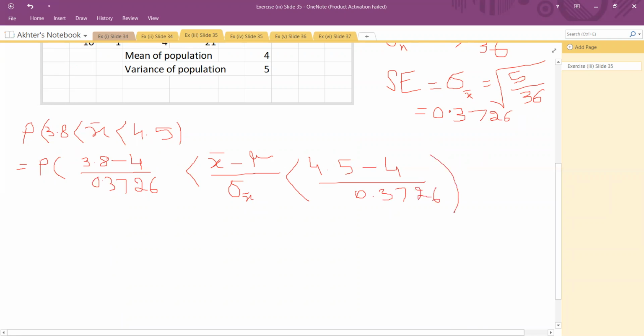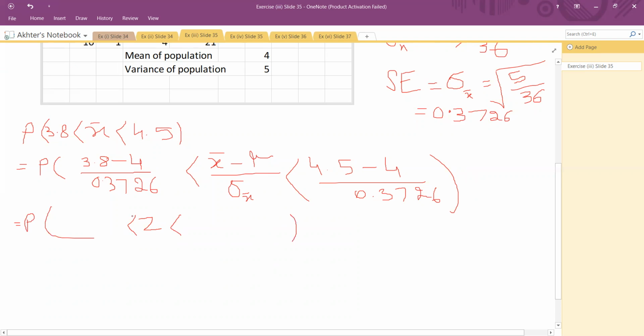Now we have to calculate these two limits. In between, we have Z, because the middle term will be Z. Then we calculate the lower and upper limits and use the normal probability table.